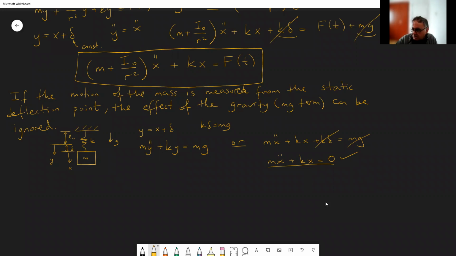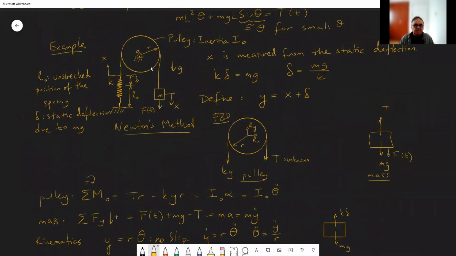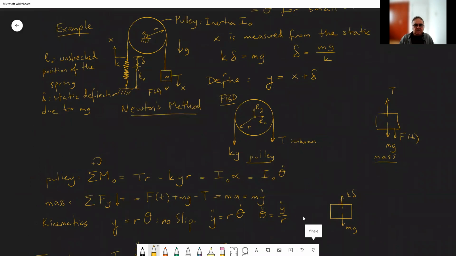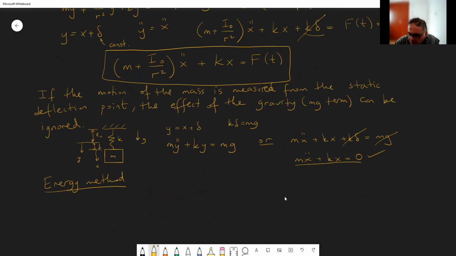Anyway, this is the Newton's method. Let's try to use the energy method with the same problem, meaning this problem, not the simple one. In the energy method, the disk has a kinetic energy and the mass has a kinetic energy. Each of them has to be written down.